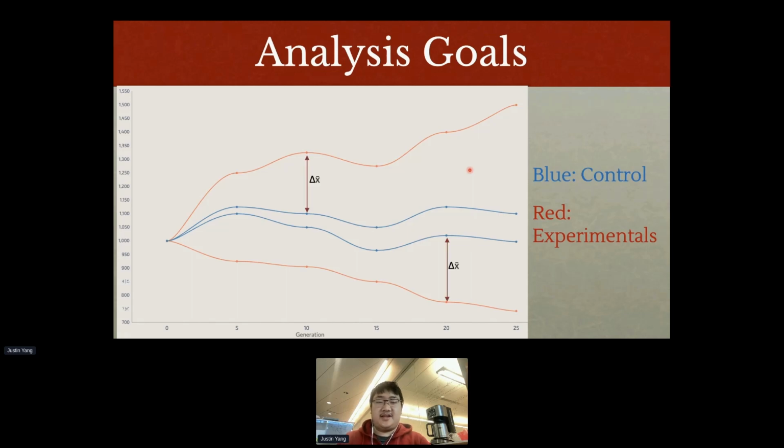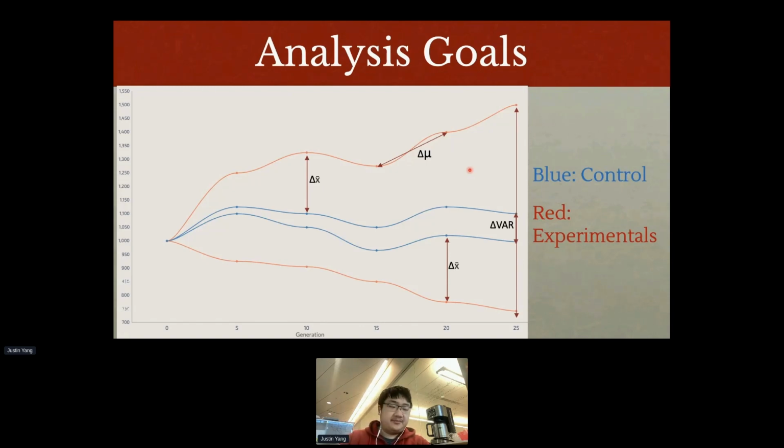The first is to analyze the sample mean at any given generation between the controls and experimentals. The second is looking at the overall population mean of the experimentals and seeing how that changes over different generations. And lastly was to compare variance between the controls and experimentals and see if there's any difference in variability.